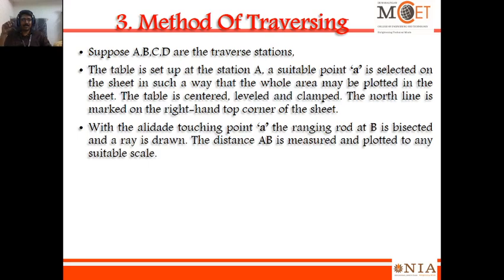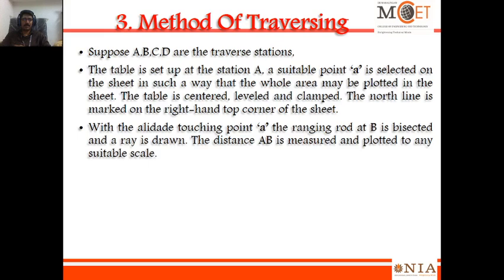Selecting a in the drawing sheet is the first key point. If you select it centrally, the remaining points B, C or D may go off the sheet, which is wasted. We have to do it again. So select the point in such a way that the entire area can be plotted in the sheet.